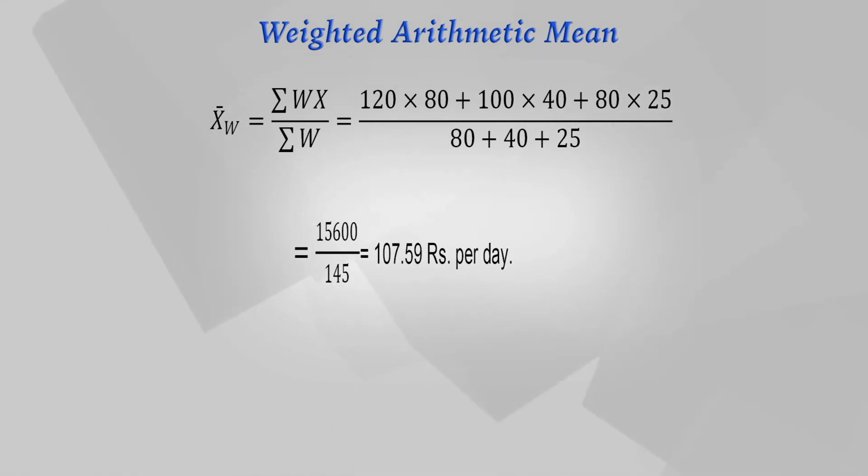So, it comes to 107.59 per day. Because the number of men and women is more than the number of children, the average wage is nearer to 120 and 100 in spite of the 80.